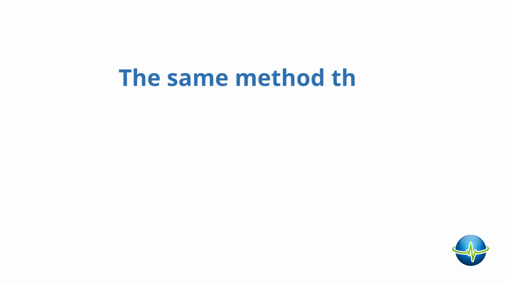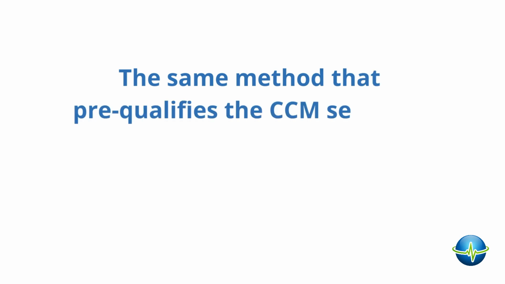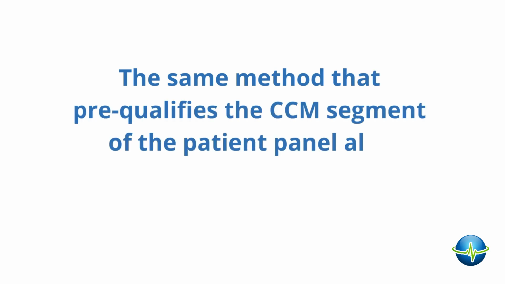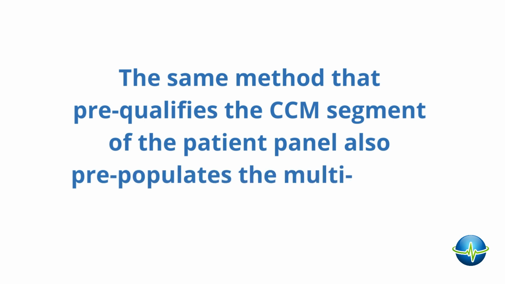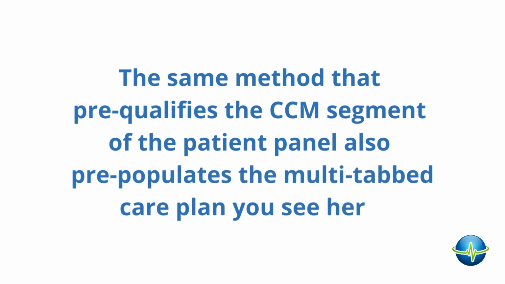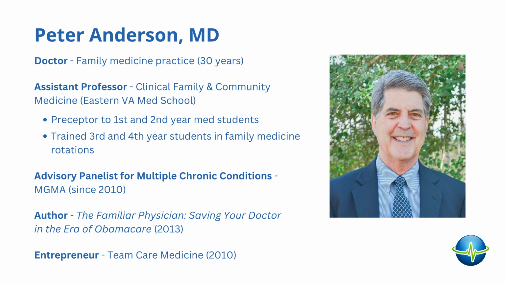The same method that pre-qualifies the CCM segment of the patient panel also pre-populates the multi-tabbed care plan you see here. Stop there for a second, right there, the action plan. I could see your delegate or your chronic care manager using this as the doctor's action plan.